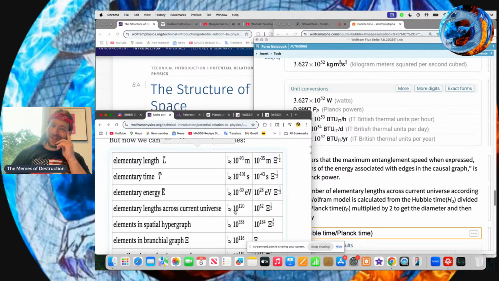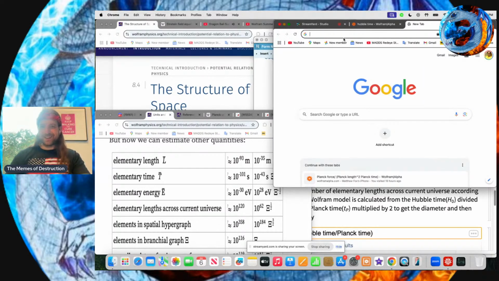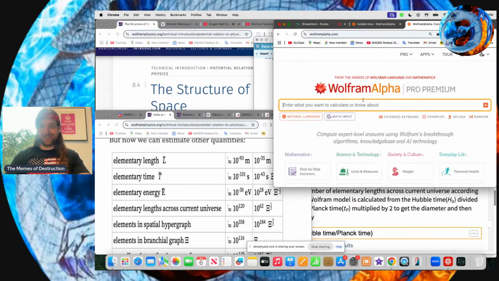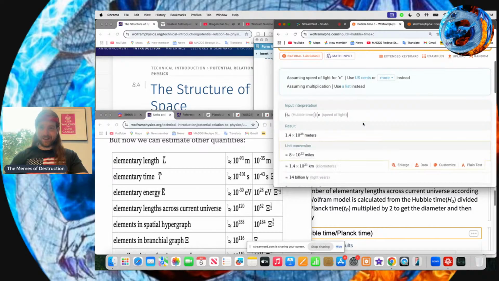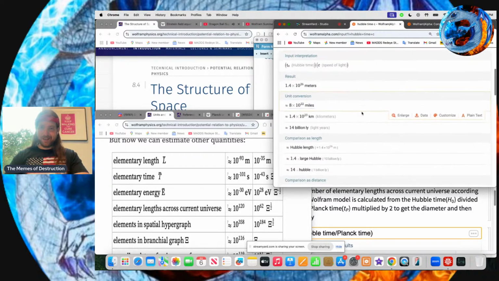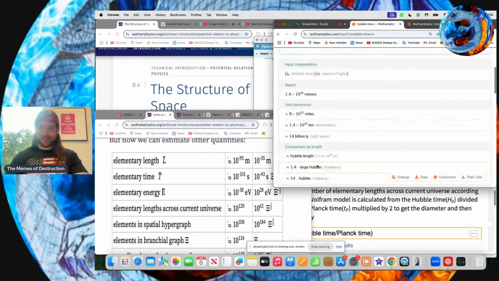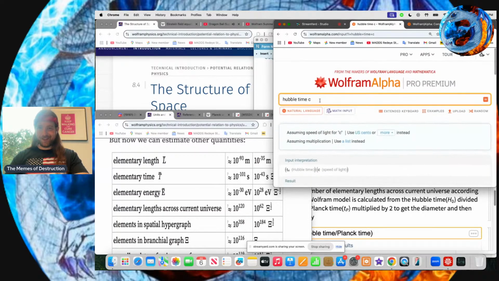Is that the right way to do it, though? Hold on, let me just make sure. As long as we're close. Okay, Hubble time divided by the Planck time will give us a dimensionless number, and then we should just multiply that by the Planck length. Oh, actually, you would just do c, speed of light. Okay, that gets the Hubble length. Hubble length divided by Planck time.